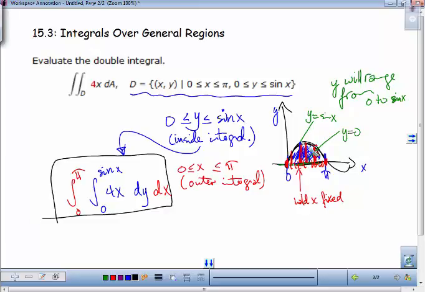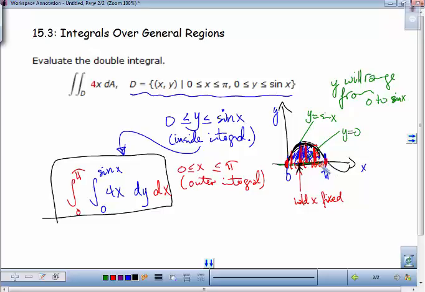Because if we think about the bread slices, each slice is going to have a different shape. And the shape is going to go from 0 to, if I follow just the y measurement of this, parallel to the y-axis, it looks like I'm going to go y is equal to 0 to y is equal to this function over here. And so if I fix my y at some place, it's going to go from 0 to sine x.